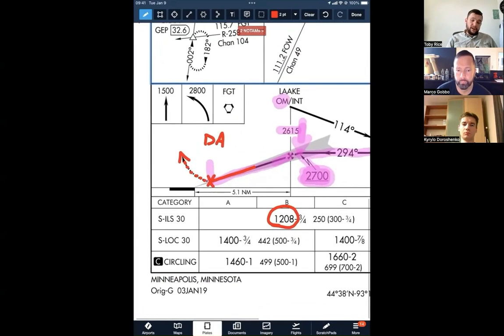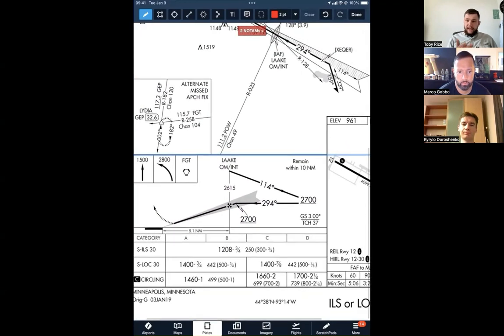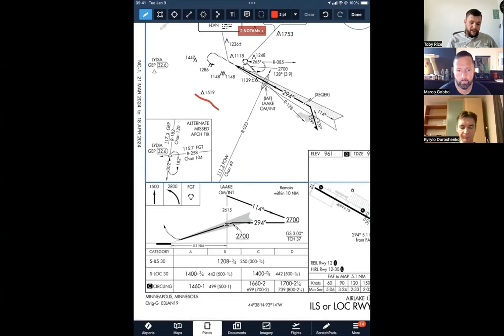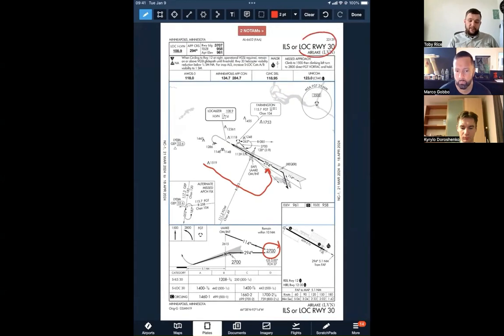Now, let's look at the localizer. It's completely different. On the localizer approach, let's say that air traffic control gave you vectors in the same exact way. They vectored you around and put you here. And they said, you're 5 miles from LAKE, fly heading 310, maintain 2,700 until established on the localizer, cleared localizer runway 30 approach.